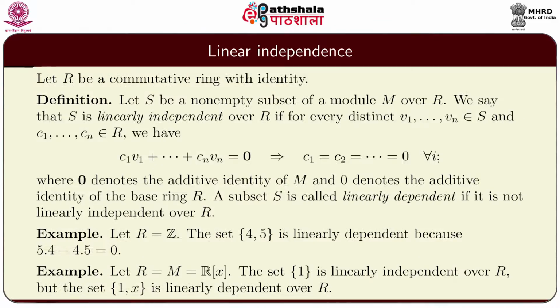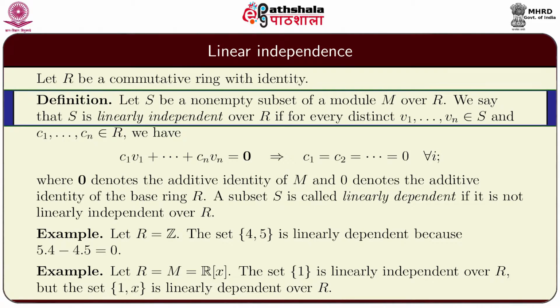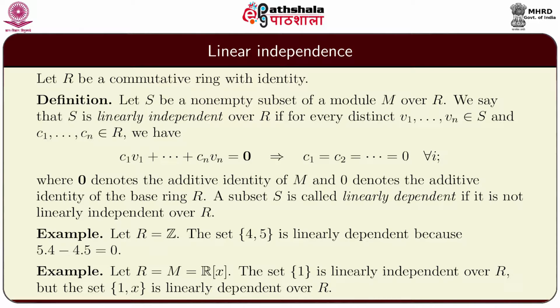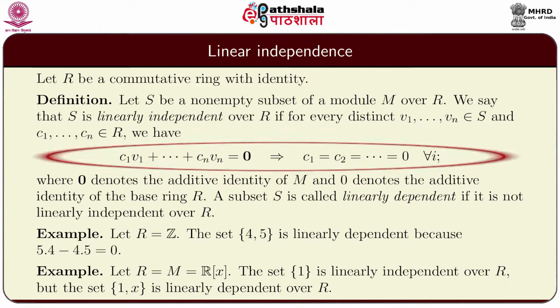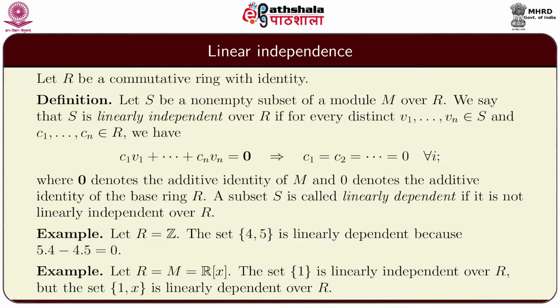Let us start. Let R be a commutative ring with identity. Let S be a non-empty subset of a module M over R. We say that S is linearly independent over R if for every distinct v1, v2 and so on vn in S and c1, c2 and so on cn in R, we have c1 v1 plus c2 v2 and so on cn vn equal to the 0 element of the module implies c1 equals c2 and so on cn equals 0.